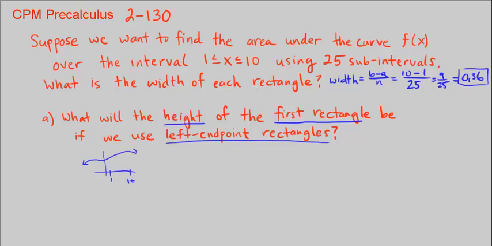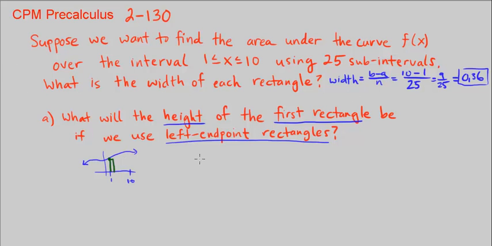The first rectangle is going to have the height right here, whatever our function is. We know the width is going to be 0.36, and the height is going to be wherever our function hits the rectangle on the left side where x is 1.